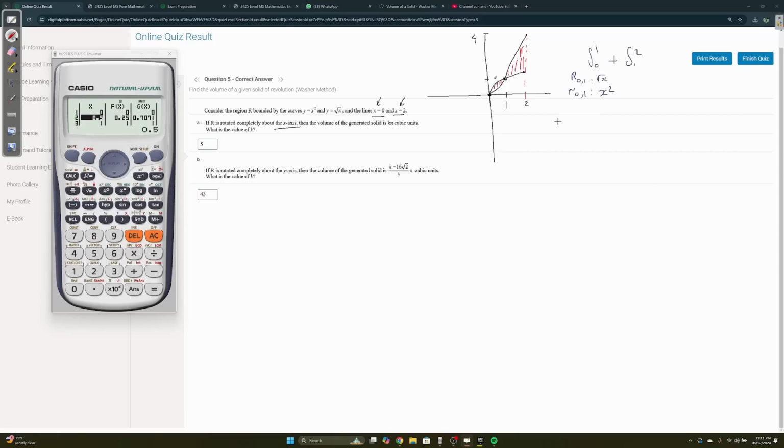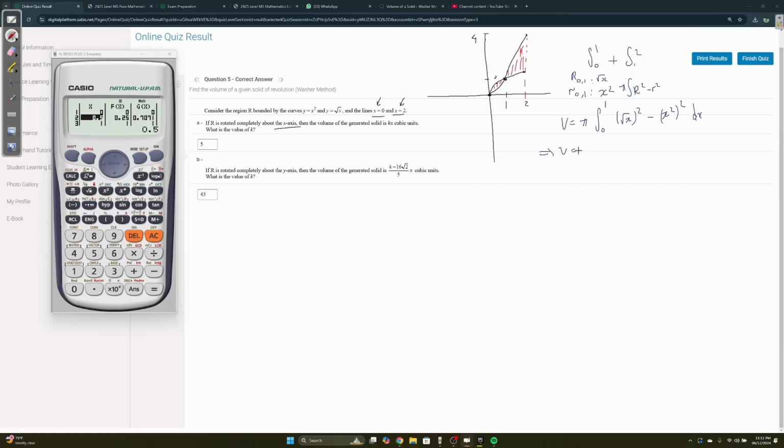So let's do this. We're going to do volume is equal to pi integral from 0 to 1 of R squared minus r squared. So root x squared minus x squared squared dx.